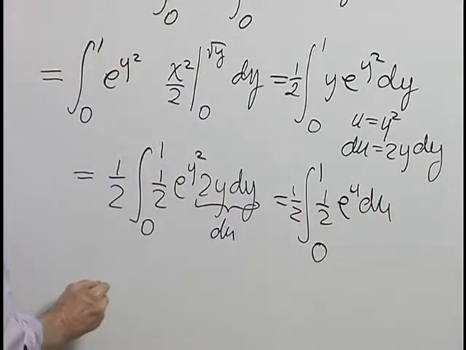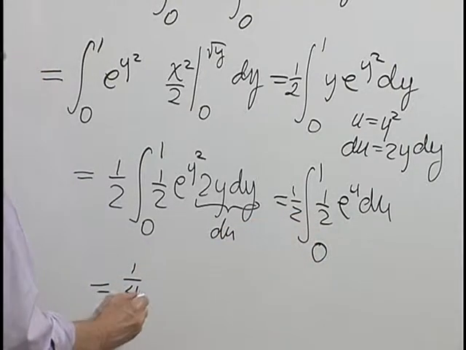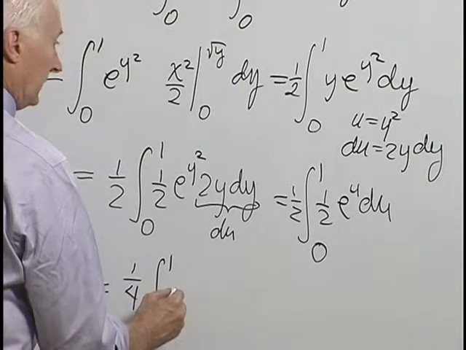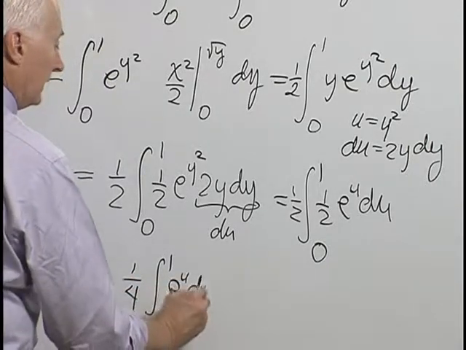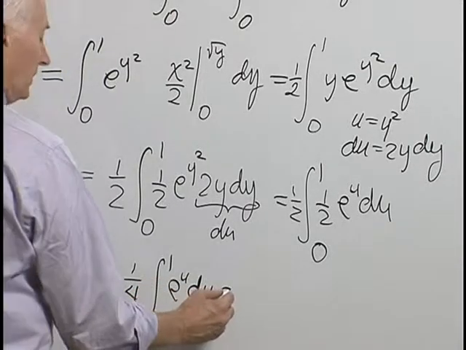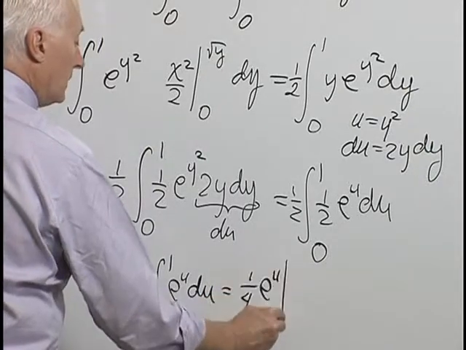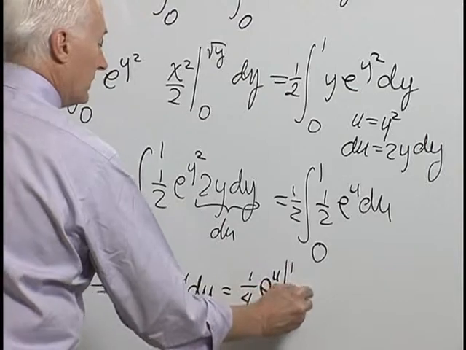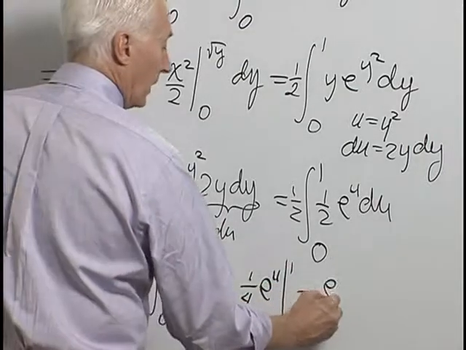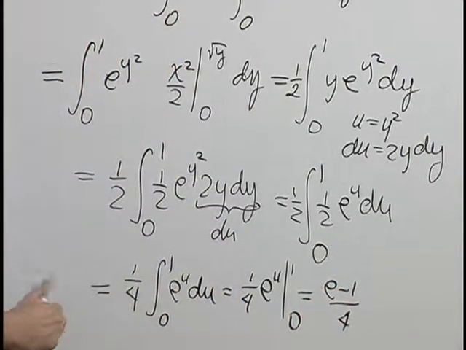And so consequently, this 1/2 comes out, we have 1/4 integral from 0 to 1 of e to the u du. The antiderivative of e to the u is e to the u, and so naturally that's just 1/4 e to the u evaluated between limits 0 and 1, which is of course just (e minus 1) over 4. And so that's the final answer to this double integral.